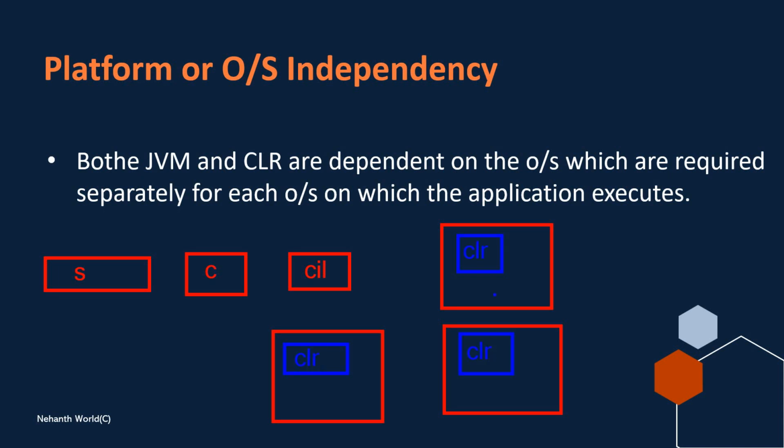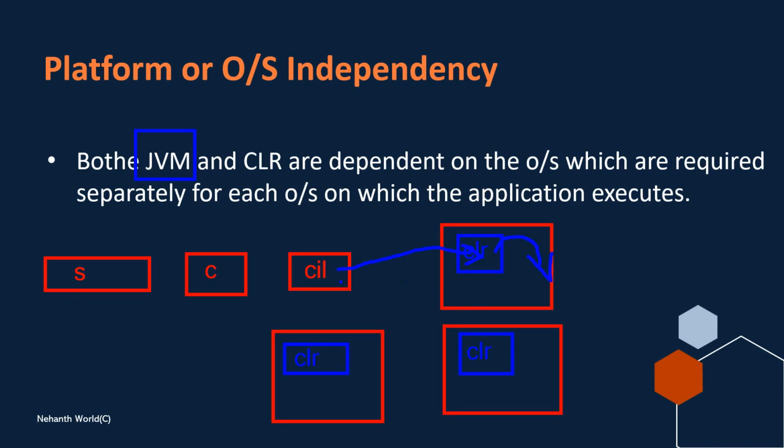In case of .NET, it is CLR. In case of Java, it is JVM. These special softwares should be installed inside the particular operating system. So this CIL code will be passed to this CLR. This CLR will generate the machine understandable code.